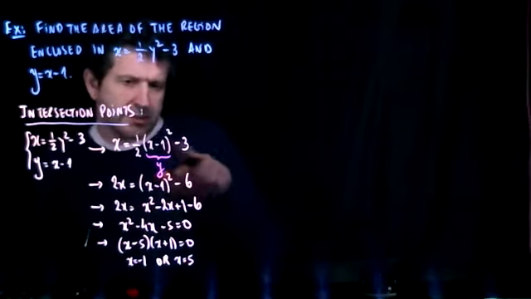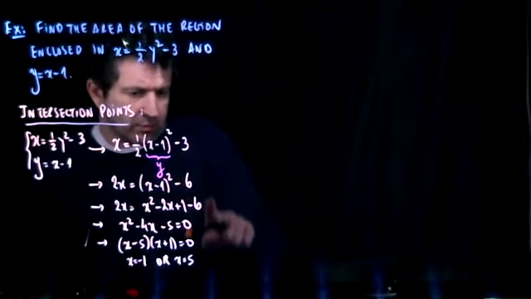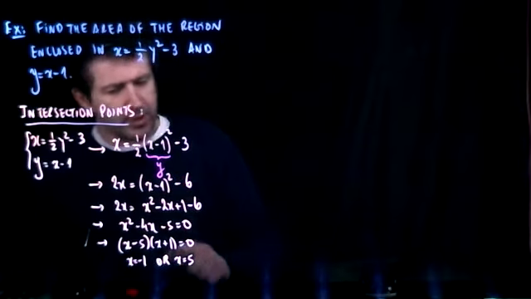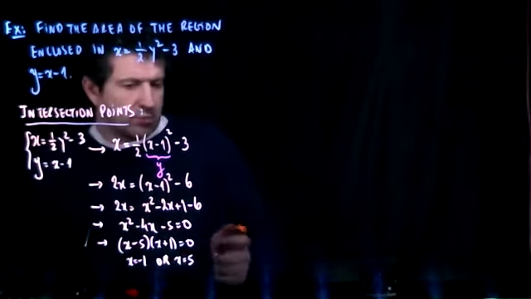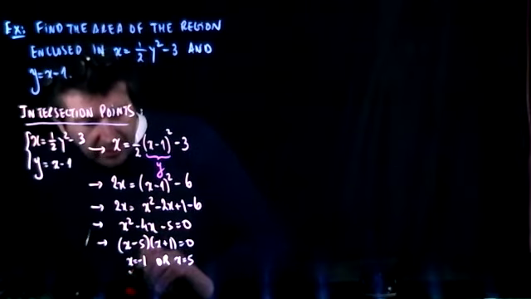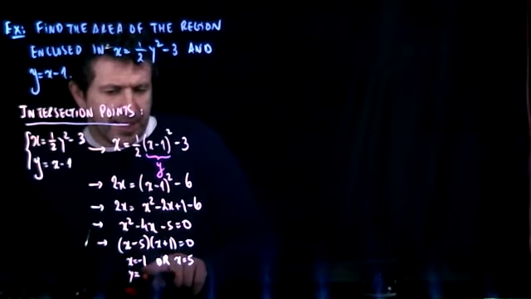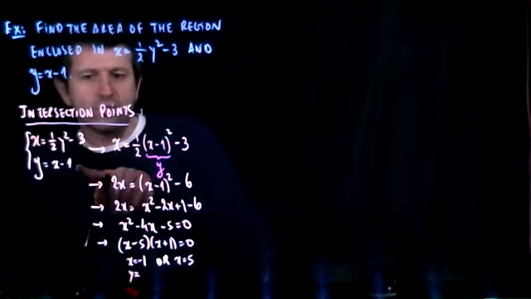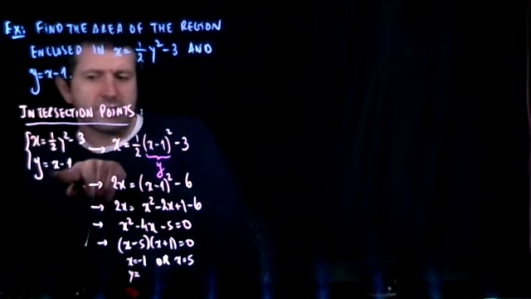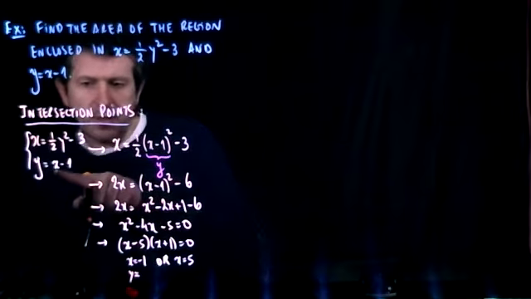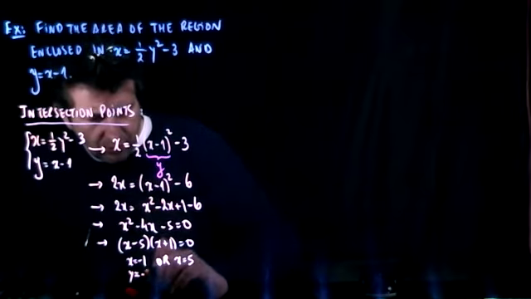Okay, so that's a simple quadratic equation. I'm solving the quadratic equation right here. Pretty easy. And now I can find the y by replacing x by negative 1 in any of the two. I'm going to choose, of course, this one because it's a much simpler equation. Minus 1 minus 1 is negative 2.